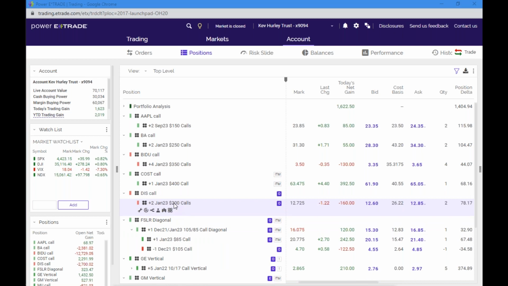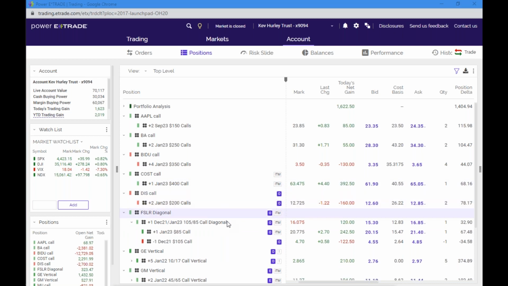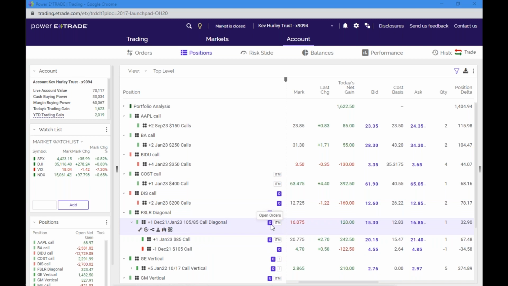Dollar cost average Disney. And First Solar, looking to create an exit point at a $17 mark, which would book about $4.17 of profit, about a 35% return.